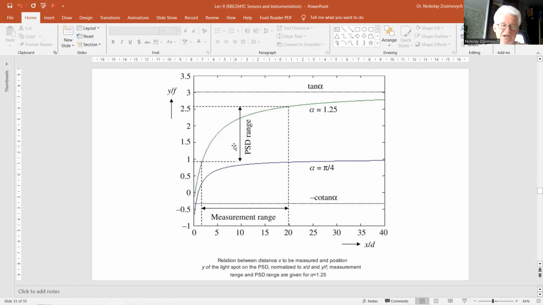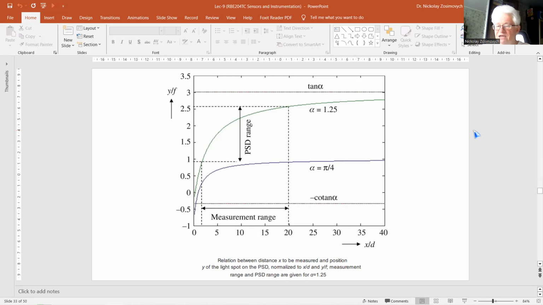At a fixed length of PSD, the measurement range increases for increasing d and decreasing f. In general, the transfer is nonlinear.